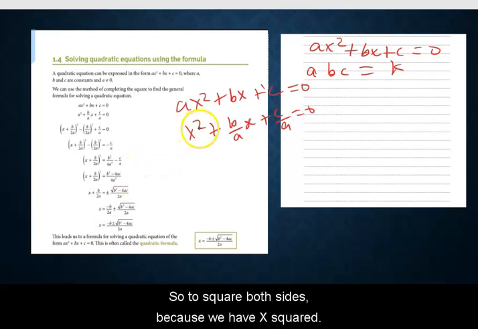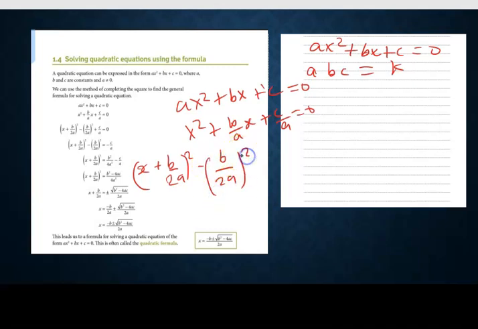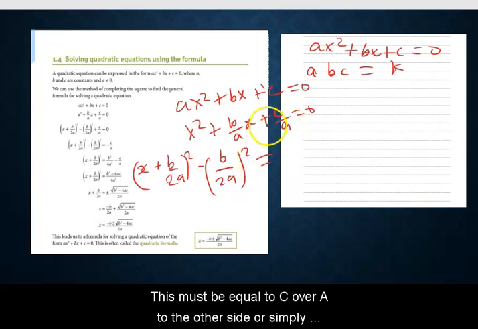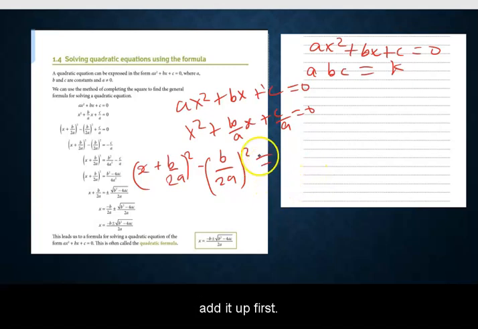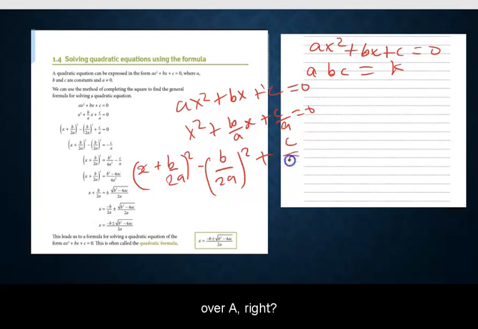So to complete the square, because we have x squared, we can have x plus b over 2a squared minus b over 2a squared, plus c over a, right? And this is equal to 0.